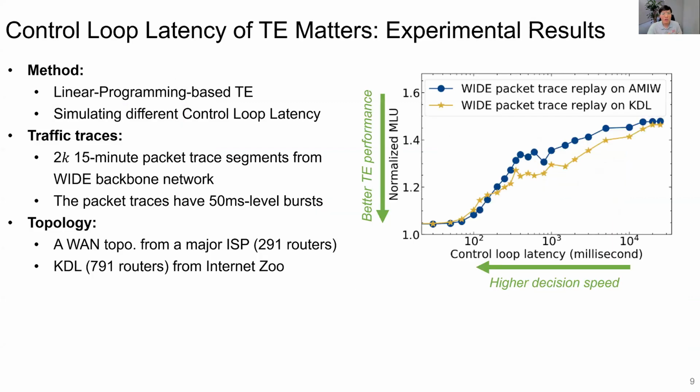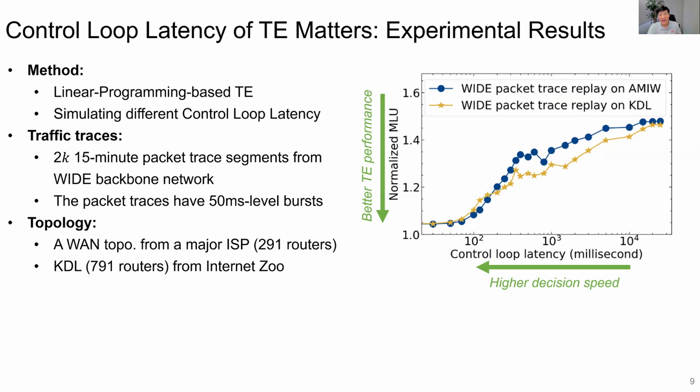Then, why is control loop latency so important? We conduct experiments to show how different control loop latencies affect TE performance. We choose the linear programming algorithm as the TE method, and simulate different control loop latencies by controlling the interval between information collection and decision deployment. And we use a public packet trace from WIDE, a major backbone network in Japan.